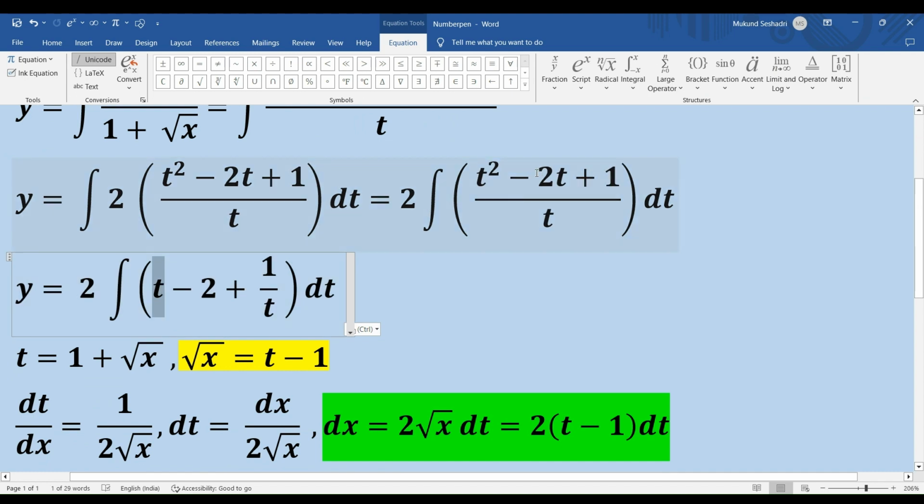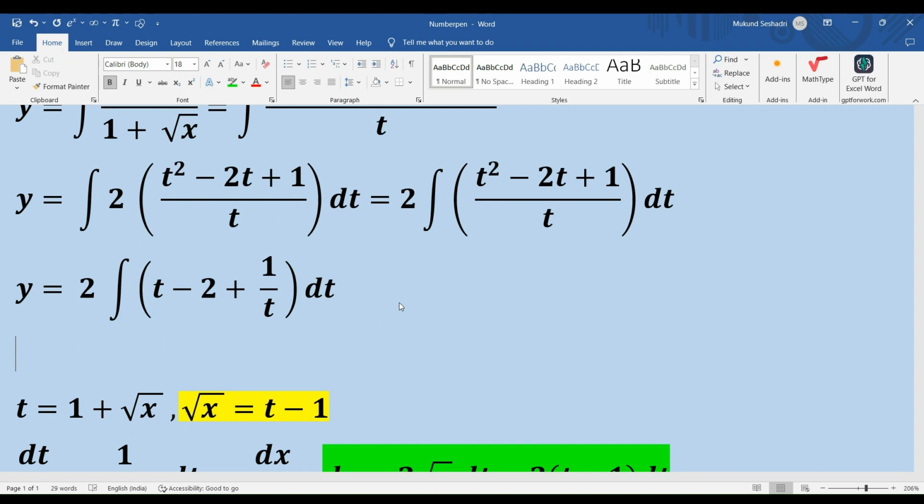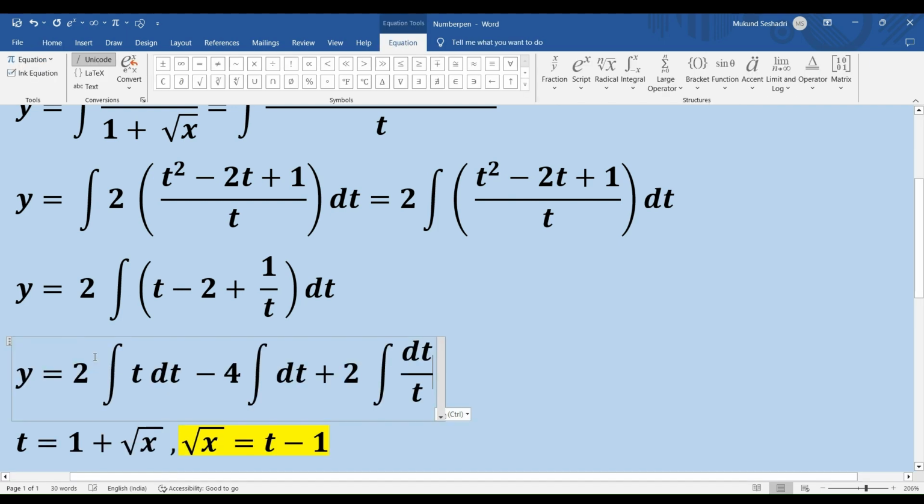And then my second expression, which is a minus 2t, when I divide it by a t, I get a minus 2. And my third part of the numerator, which is 1, when I divide it by a t, I get a 1 by t, right? So my y becomes 2 times integral of t minus 2 plus 1 by t times dt, right? Now from here on, I'm sure all of us are familiar with how to go about solving this particular problem. I apply the sum rule and rewrite my y as follows.